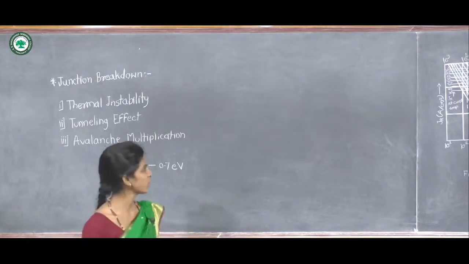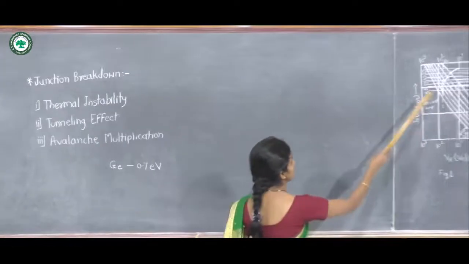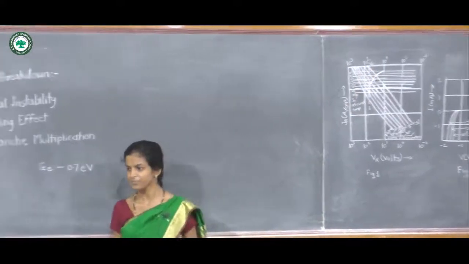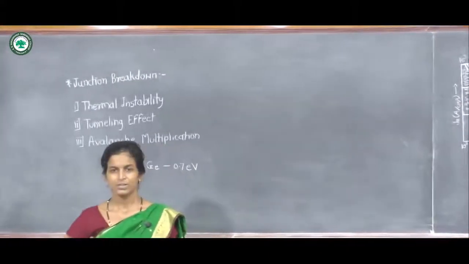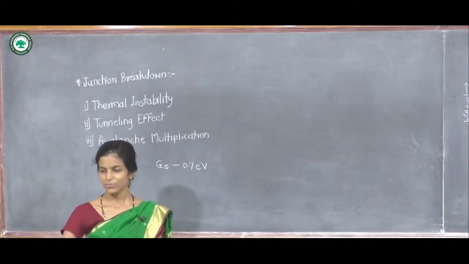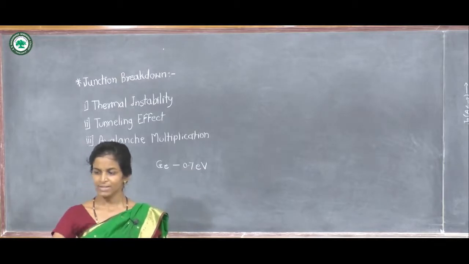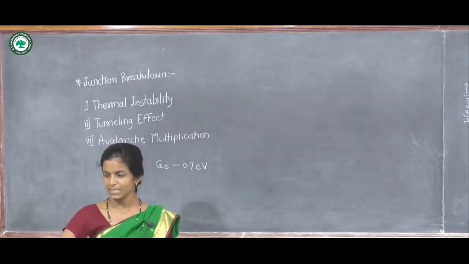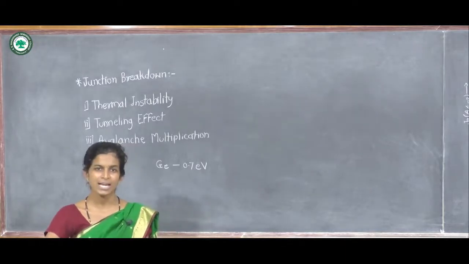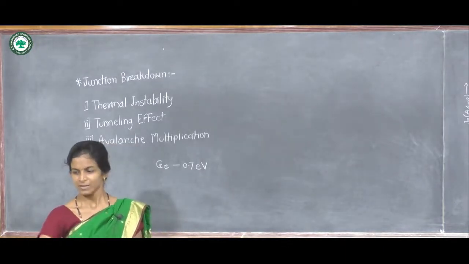In this, voltage VU is called turn-on voltage or turnover voltage. For PN junctions with relatively large saturation currents, the thermal instability is important at room temperature.